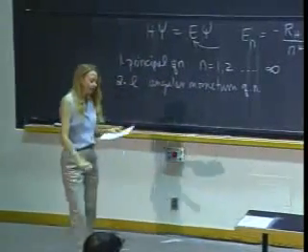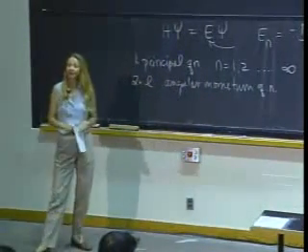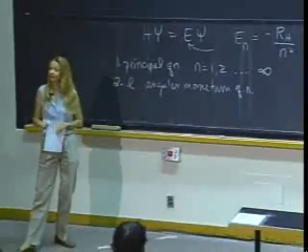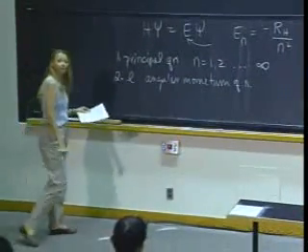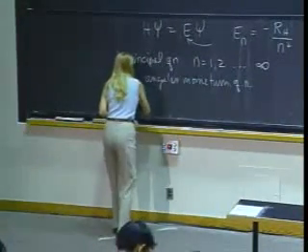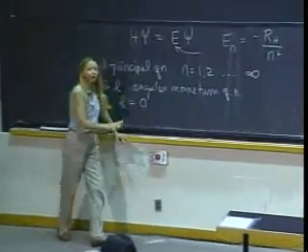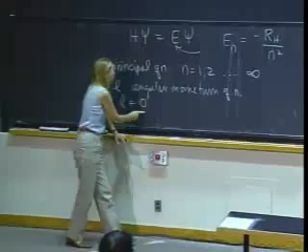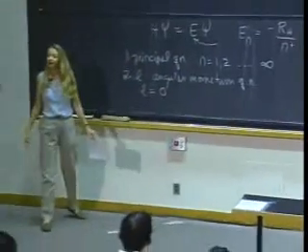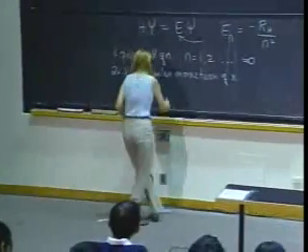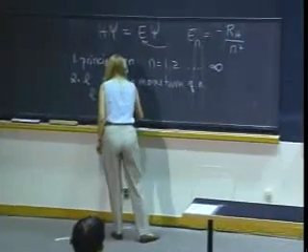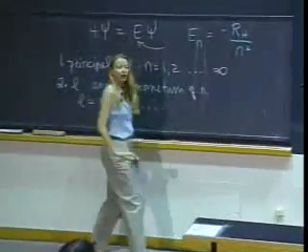It is a quantum number, which means it has allowed values, very specific values. The allowed values of L are the following. They are 0. Unlike n, the lowest value that L can have is 0. 0, 1, 2, 3, all the way up.